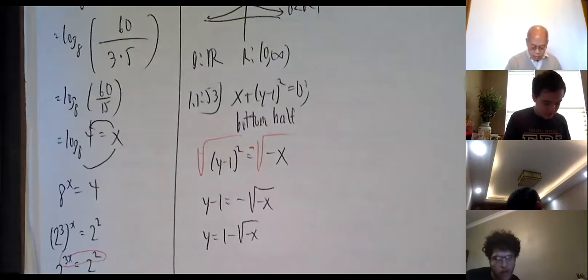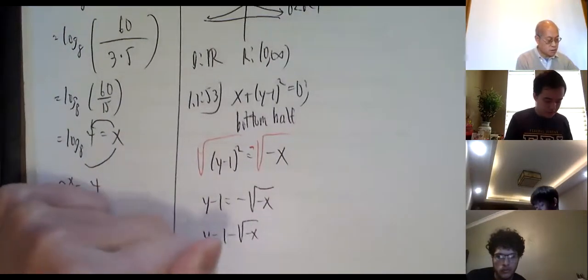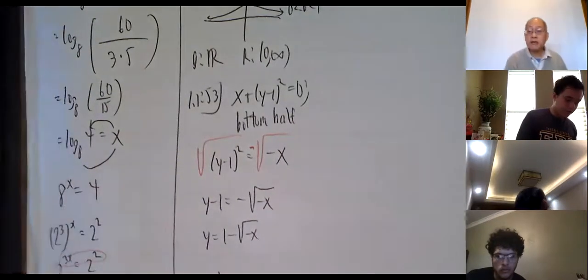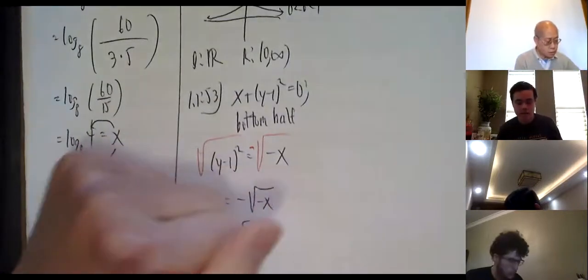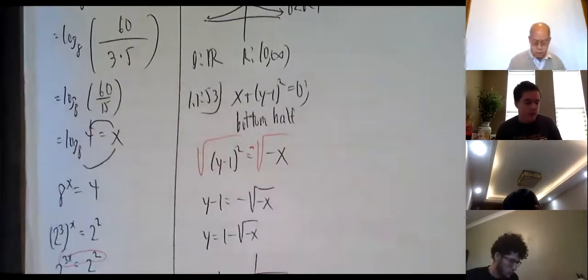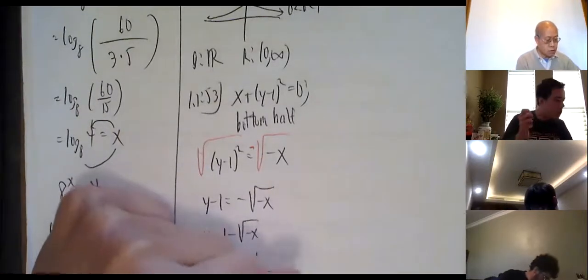Section 1.1, problem 35 was asked for. Find the domain of 1 over the fourth root of x squared minus 5x.